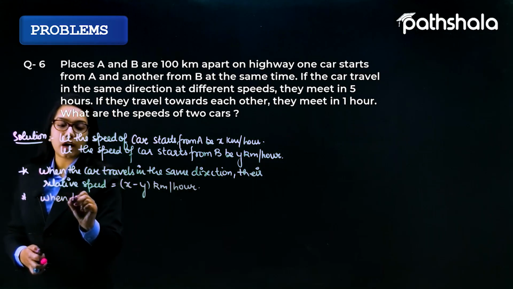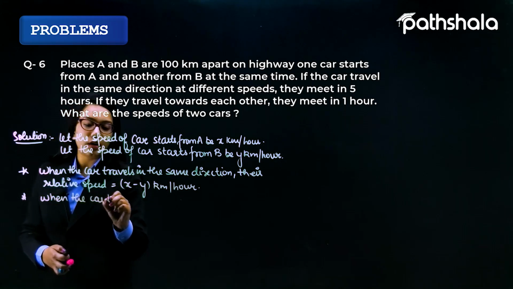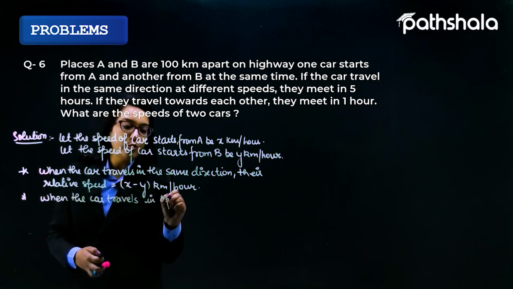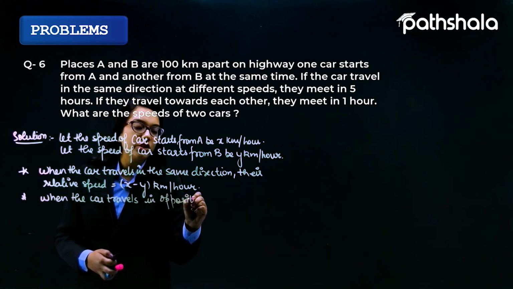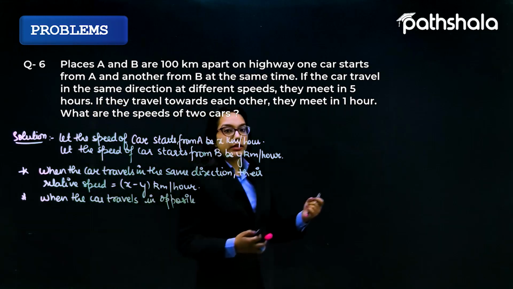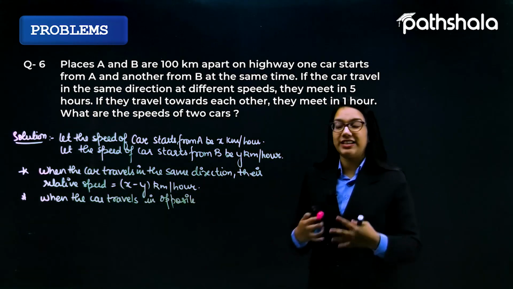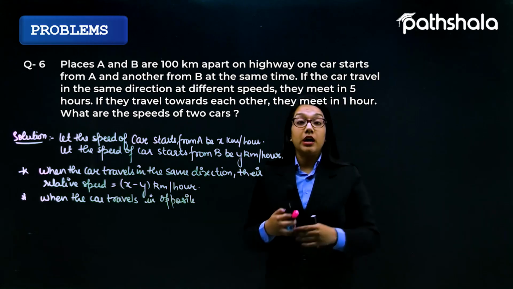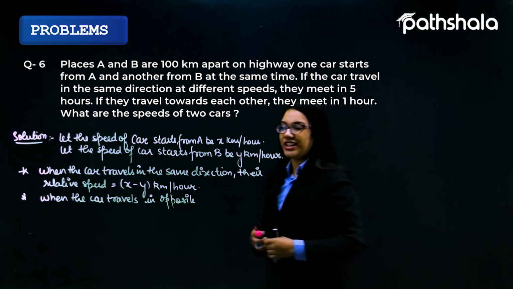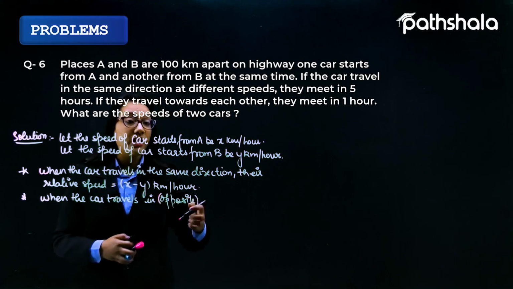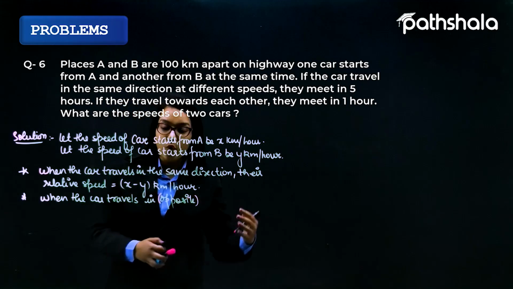And when the cars travel in opposite direction, or we can say when they are traveling towards each other. So rather than saying opposite, we have to say that they are traveling towards each other.